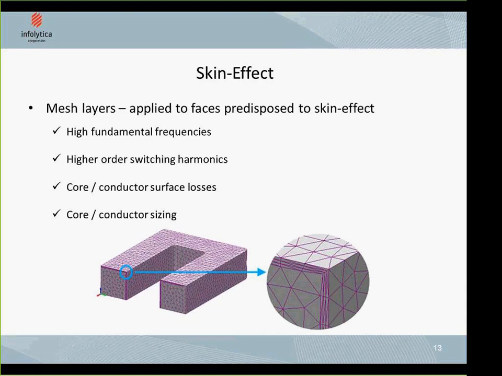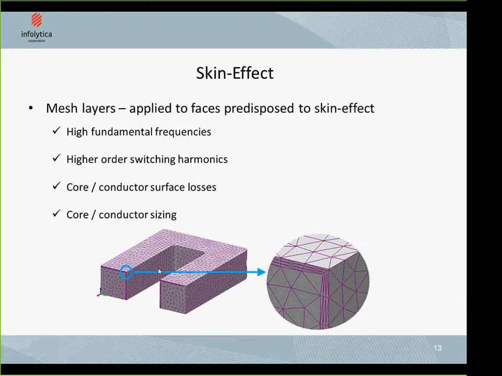The advantage of MagNet is that it has a simple way of doing that. You don't have to apply the mesh layers to the whole component. You selectively apply them to the surfaces or faces that are predisposed to the skin effect, as shown in this model.